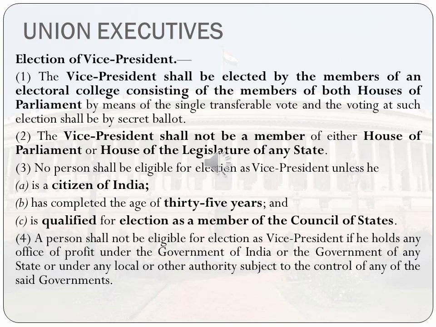Whereas in the presidential elections, the Electoral College consisted of the members of both the houses of the Parliament plus the members of the state legislatures, for the Vice President, the members of the state legislatures do not cast their vote.